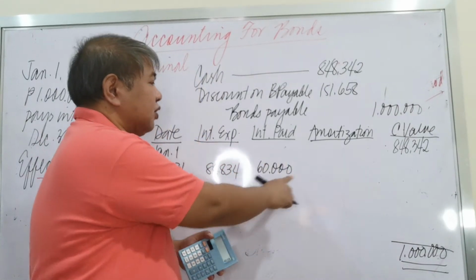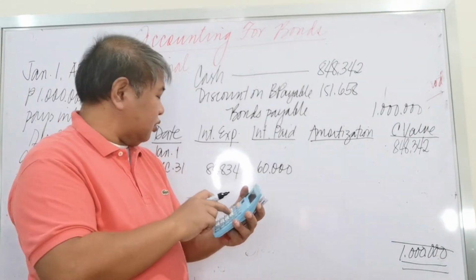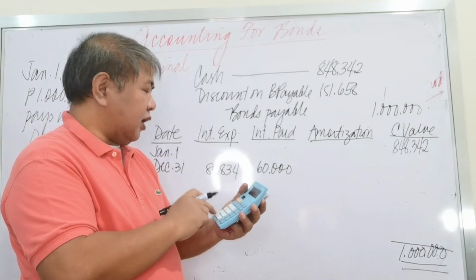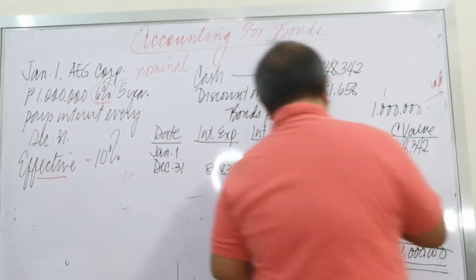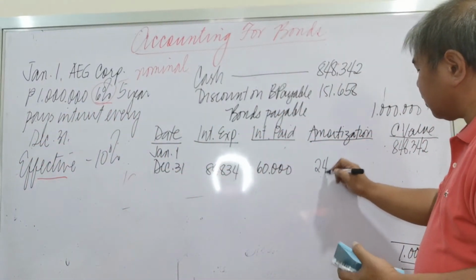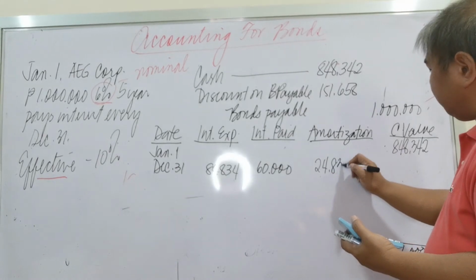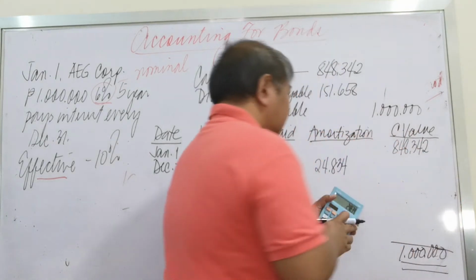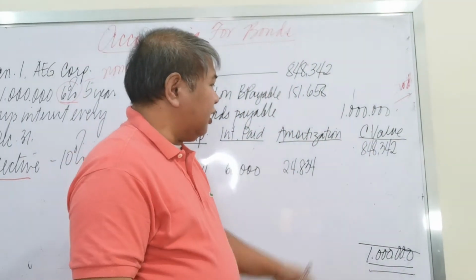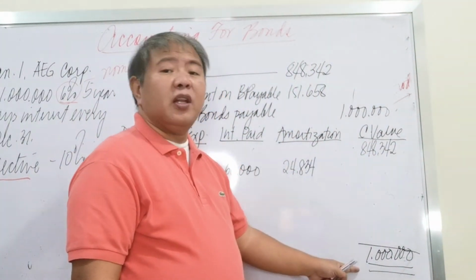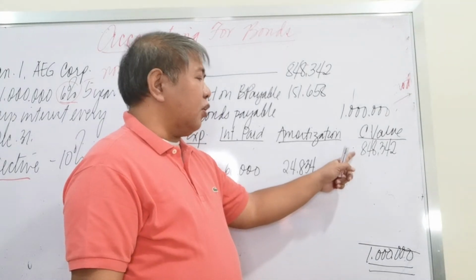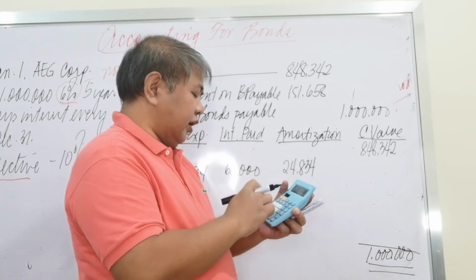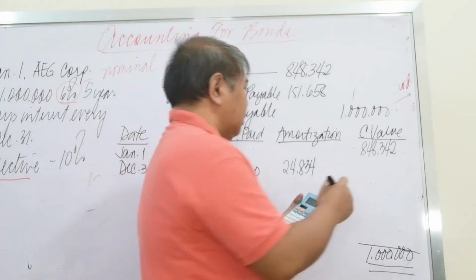So 84,834 minus 60,000, that is your amortization. So therefore, amortization now is 24,834. Now, we are going to add, because as I said earlier, the objective is for us to bring this to 1 million pesos. So this is lower, so we have to add 24,834 to 848,342.